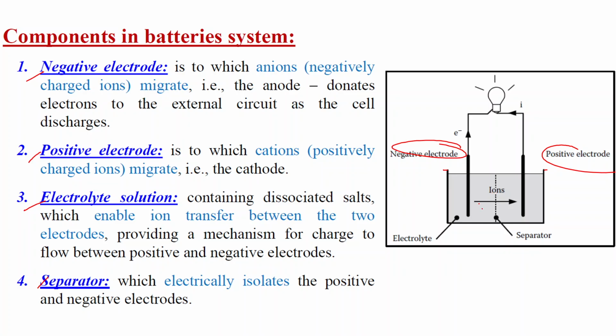The anions present in the electrolyte will migrate towards the anode, whereas the cations present in the electrolyte will migrate towards the cathode.